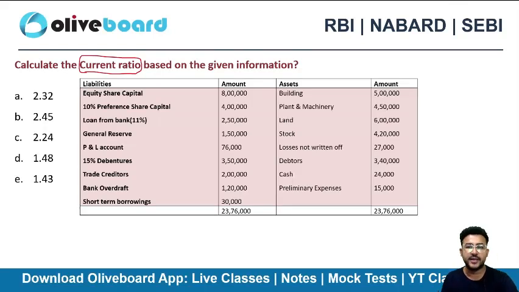The formula to calculate the current ratio is current assets divided by current liabilities.